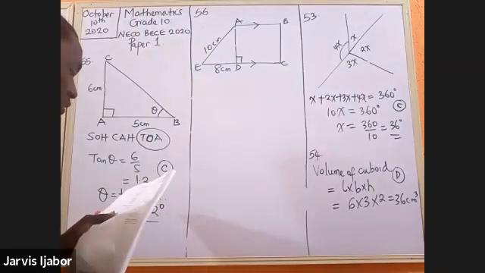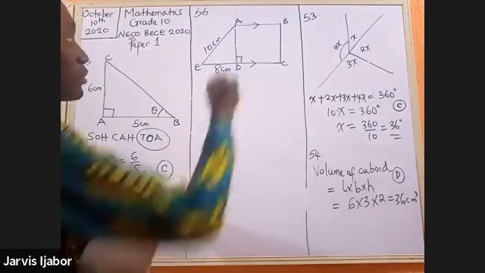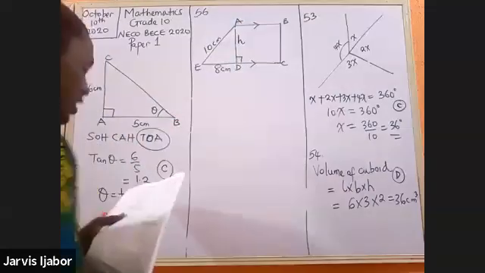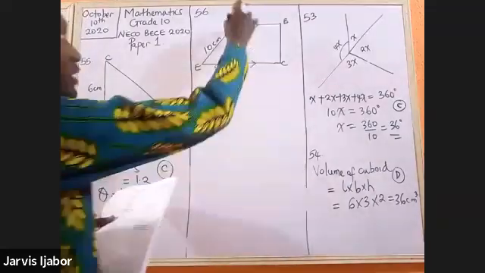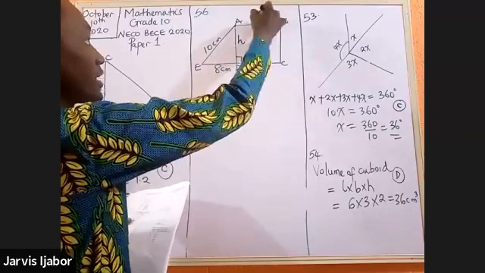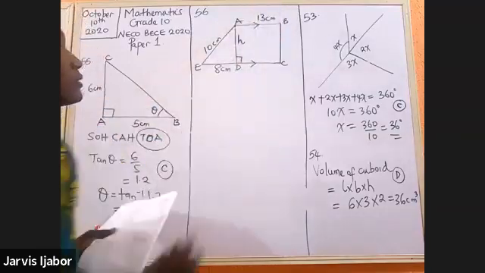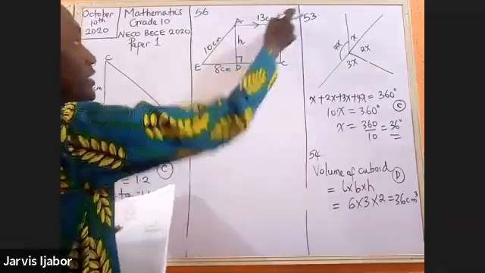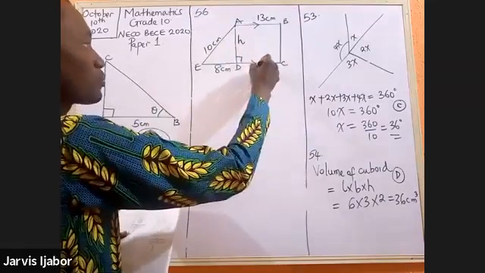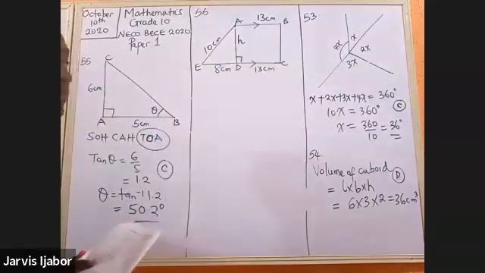Now, to find the area of this trapezium, you must find this side called H. We are told that from here to here is 13. So if from here to here is 13, from here to here will also be 13 cm. Are you seeing that?